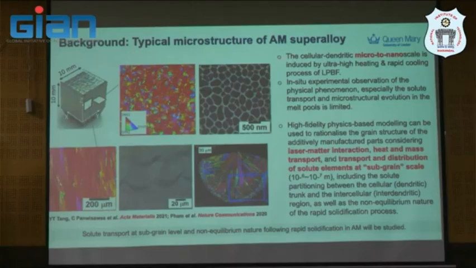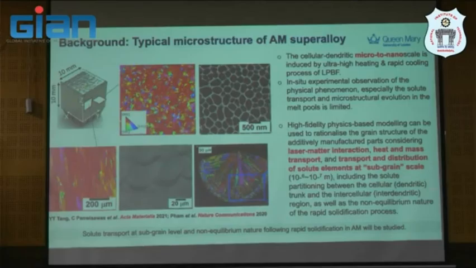The in-situ observation of this phenomenon, especially solute transport and microstructural evolution, is very limited. I would say almost none, because the resolution needed is quite small. And high fidelity simulation will be relevant to rationalize what happened in terms of laser-matter interaction, heat and mass transport, and subgrain scale, we're talking about 10⁻⁶ meter, a micron, or about 100 nanometer scale.